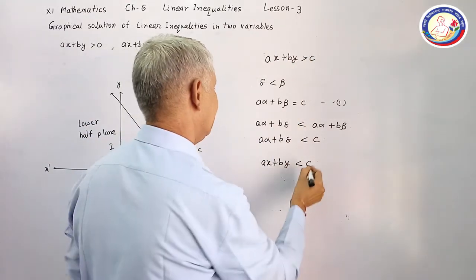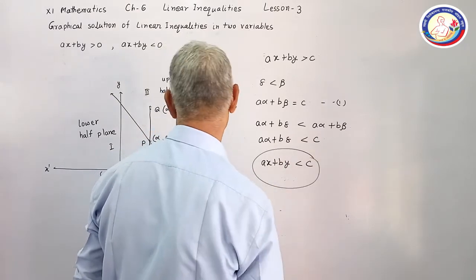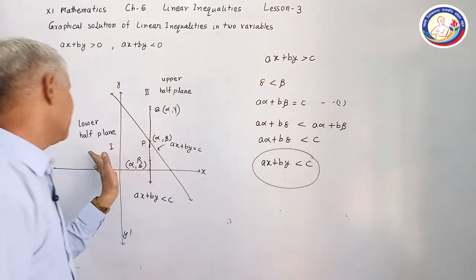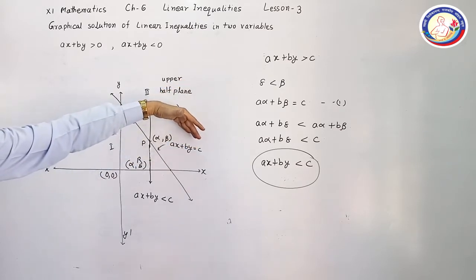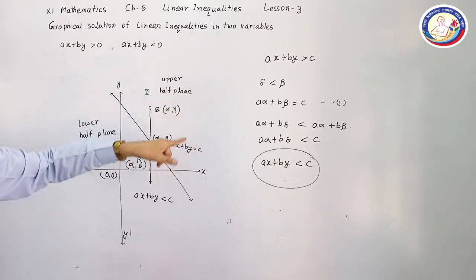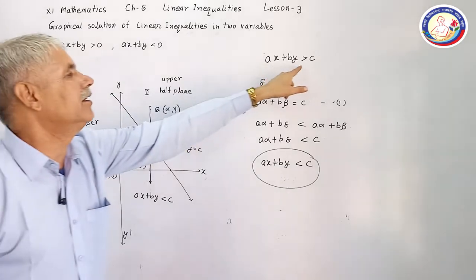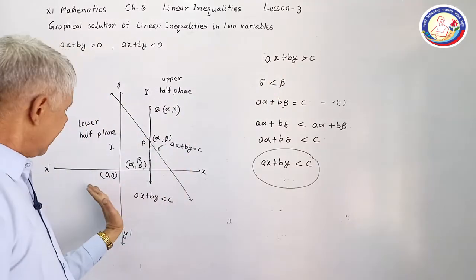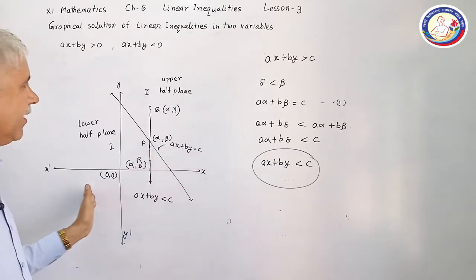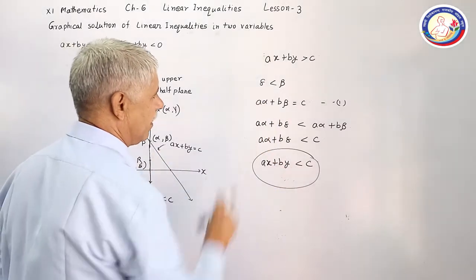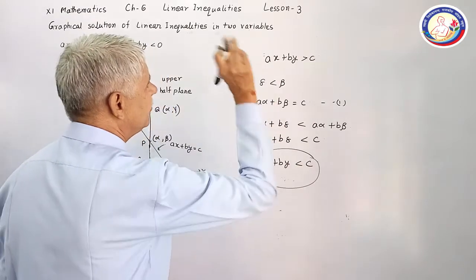So this is all about the points lying in the upper half plane and lower half plane. If any point is in the upper half plane for this condition, it will be a solution of this inequality. And if it lies on the other side of this line, in the lower half plane, it will be a solution of this. So this is when B is positive.